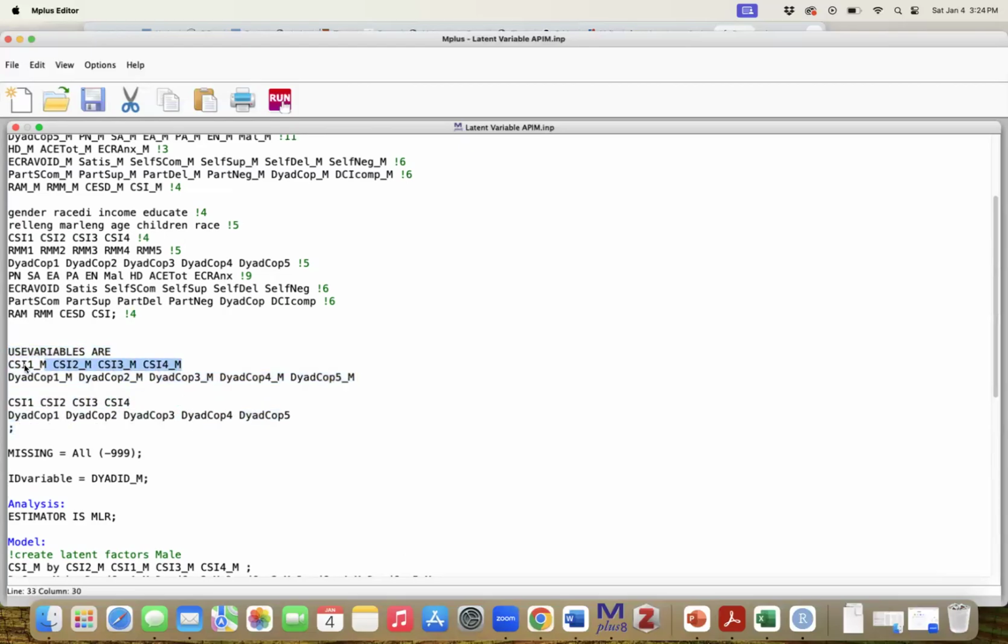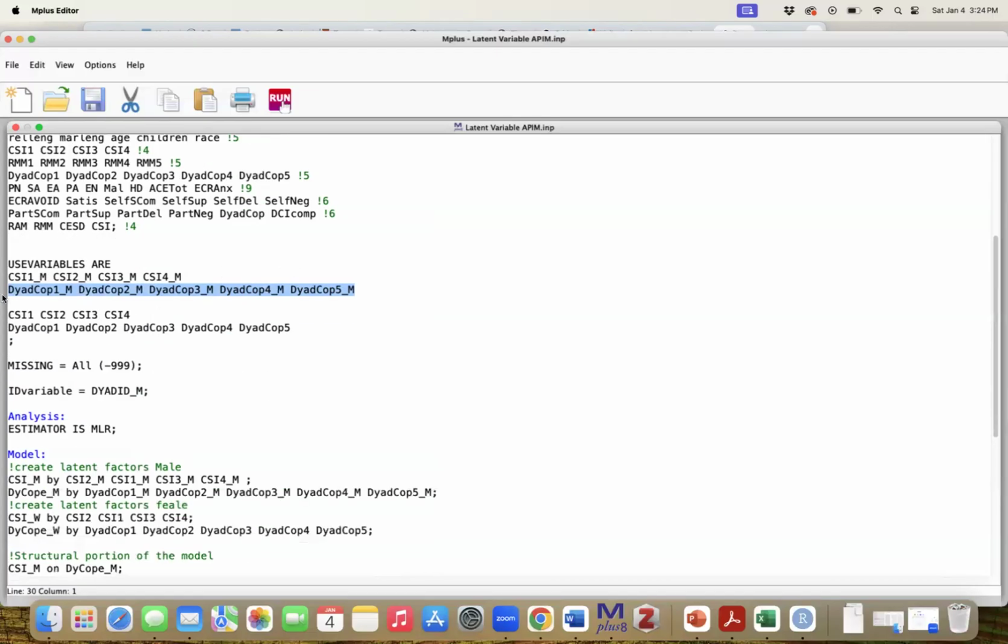We have our male items up here. If they have an underscore M at the end, then they are male, and if they don't have that underscore M at the end, then they are female. Relationship quality is measured with four items, and we are using the common dyadic coping subscale from the dyadic coping inventory. We just specify all of these variables that are going to be in our model.